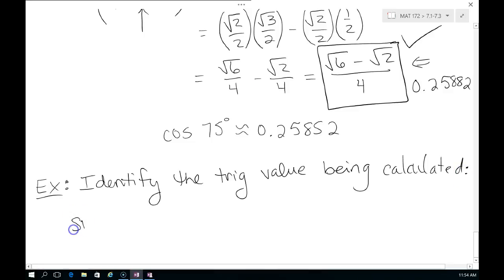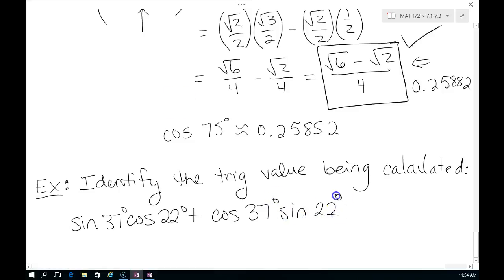If I said sine of 37 cosine of 22 plus cosine of 37 sine of 22, that is the setup for one of our identities.